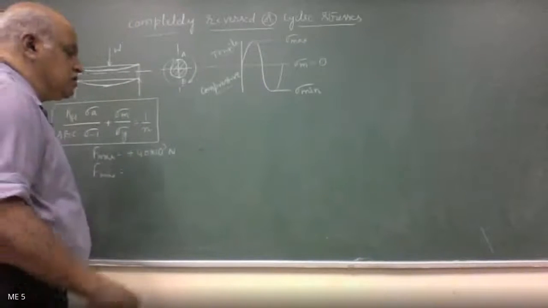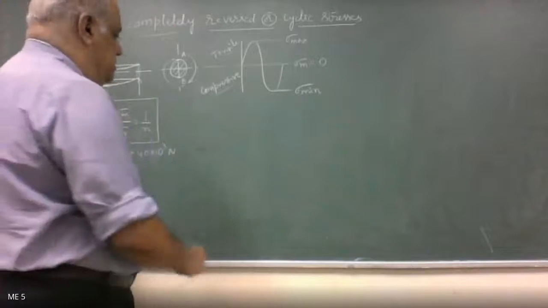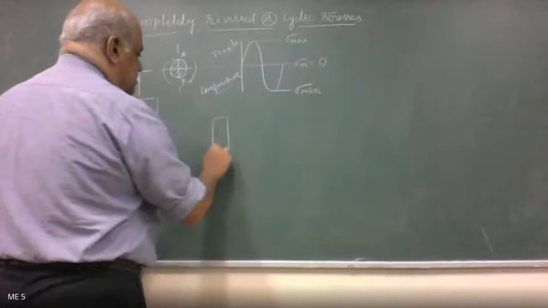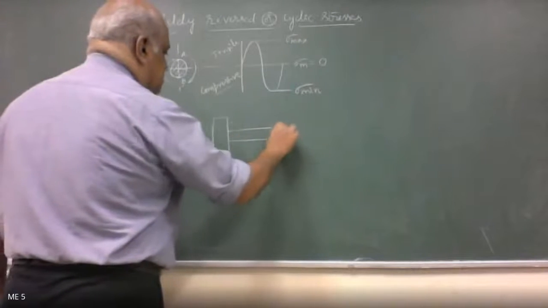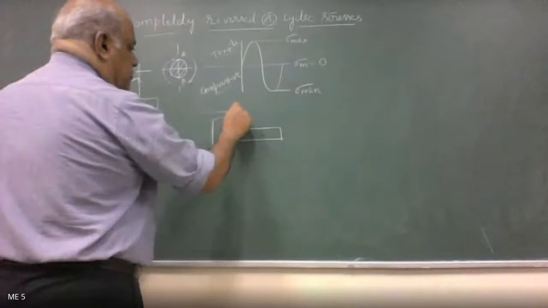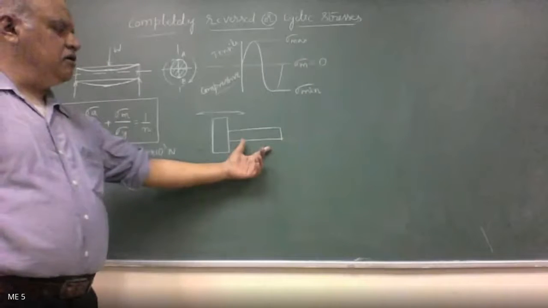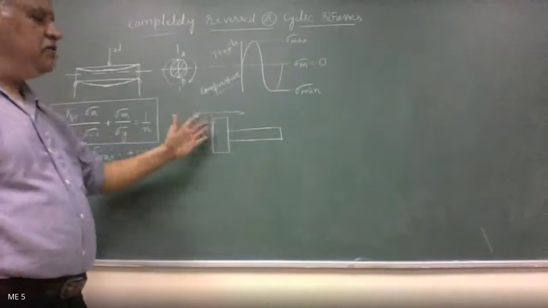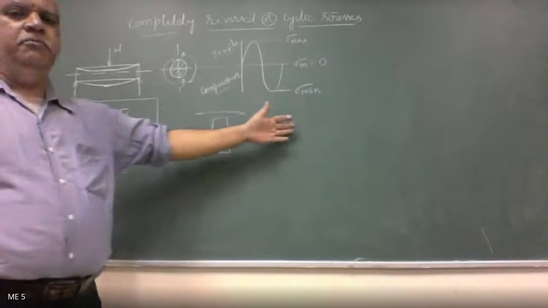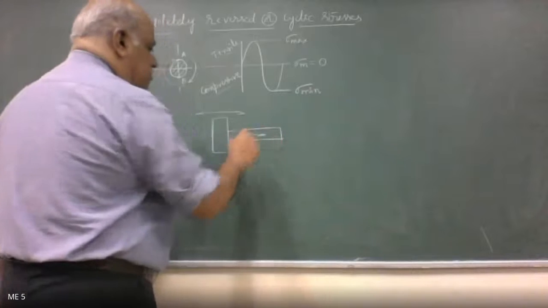So this is the piston and this is the piston rod of a steam engine. This piston rod will move back and forth like that. That means the piston rod is subjected to alternating tensile and compressive stress; it is an axially loaded member.